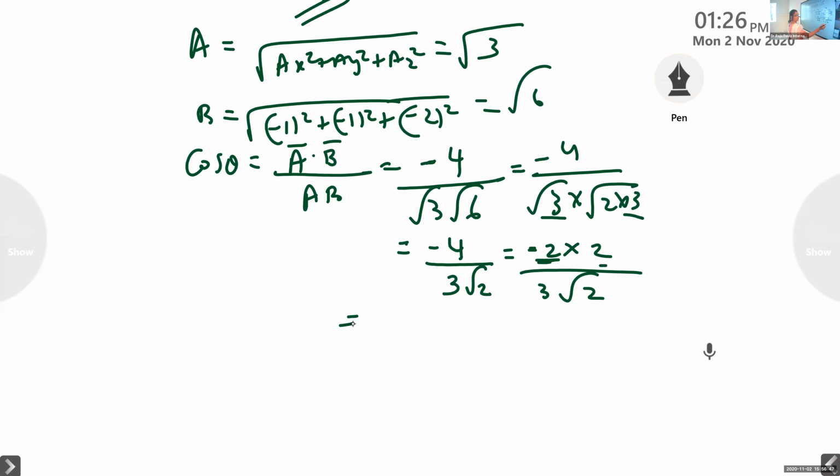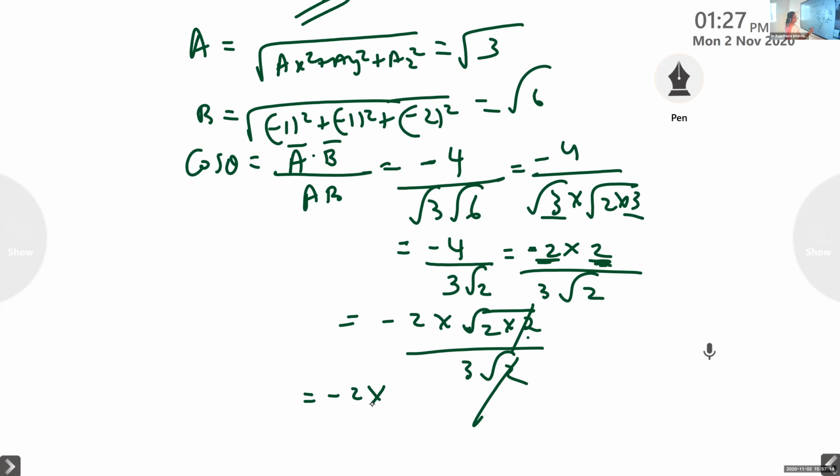Now, if you want to cancel root 2, what can we do? This 2 you can write as root 2 into root 2, by 3 root 2. So one root 2 gets cancelled. So minus 2 into root 2 by 3.